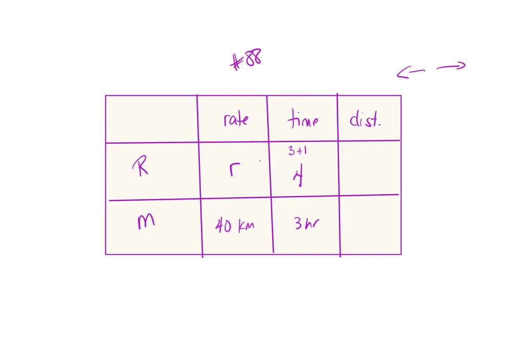And then you just multiply across. 4 times R. 3 times 40. All right? When it is opposite direction, you add them. 4R plus 120 equals the total distance apart, which they tell us in the problem is 420 kilometers. And then we are going to solve. Subtract your 120, divide by your 4, and then you will get your rate.